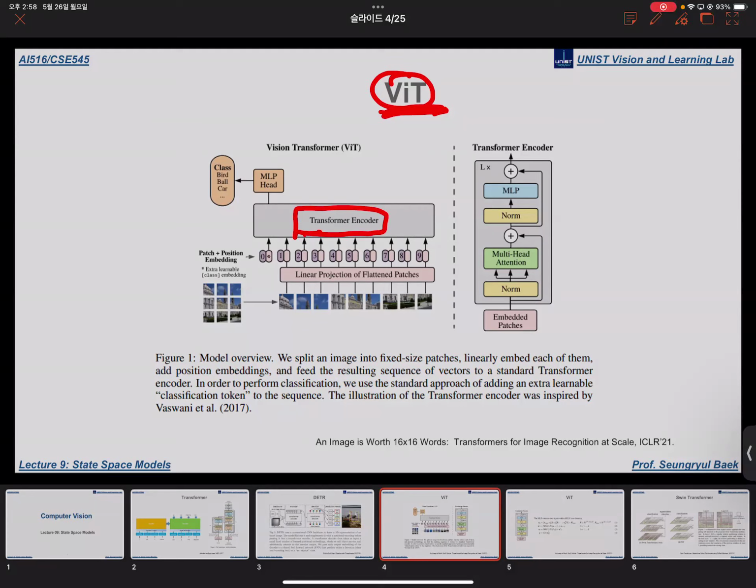But one of the problems in ViT, and in transformers in general, is that if there are n patches, then the self-attention complexity is order n squared.